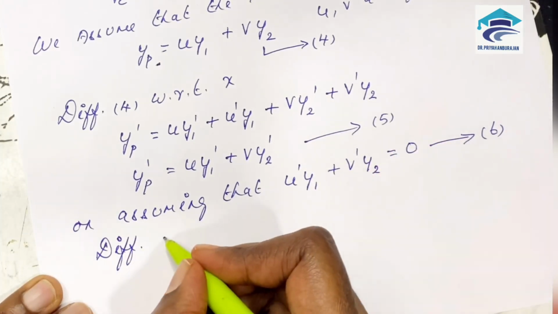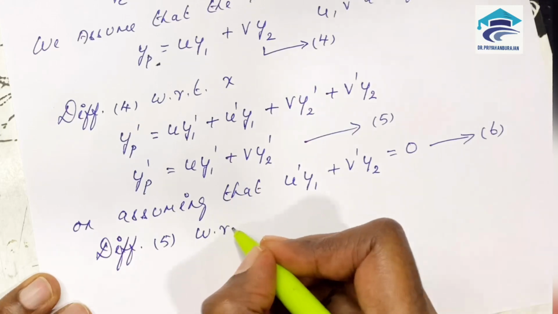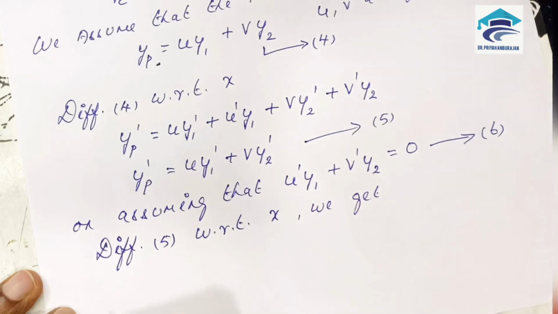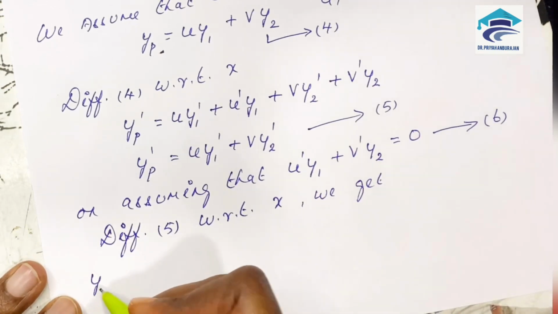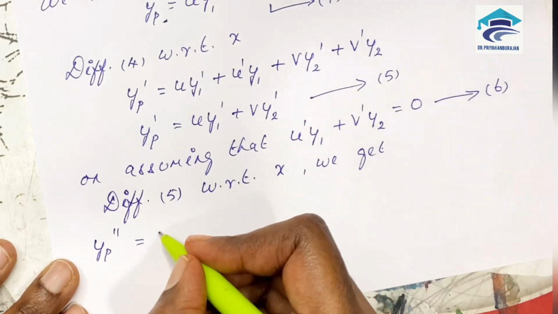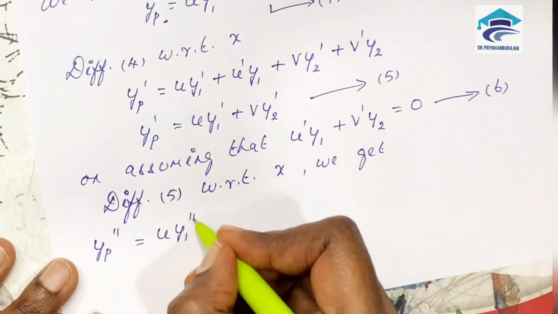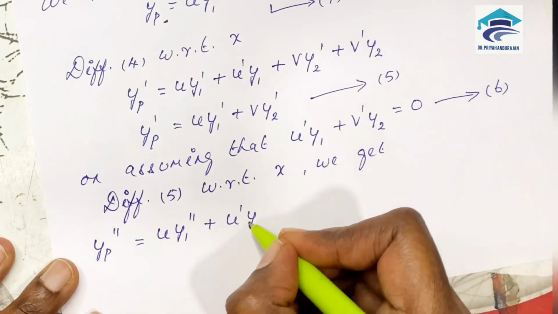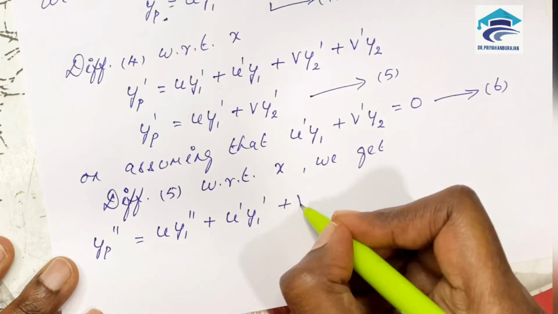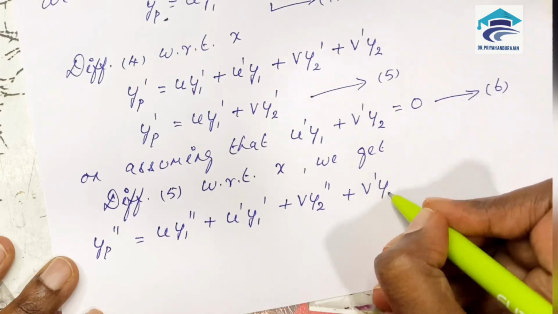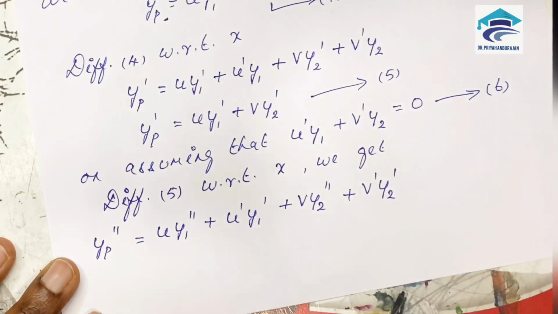Differentiating equation 5 with respect to x, we get yp double dash is equal to u y1 double dash plus u dash y1 dash plus v y2 double dash plus v dash y2 dash. So this is our y double dash.